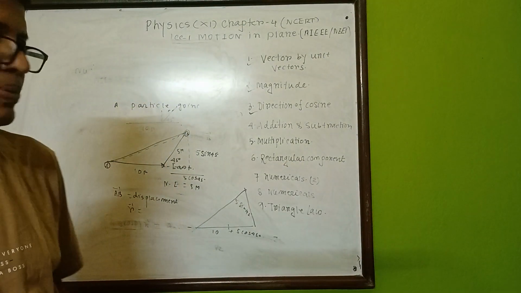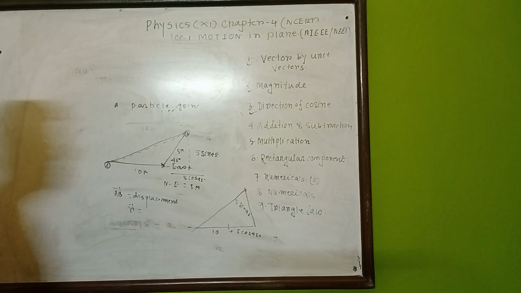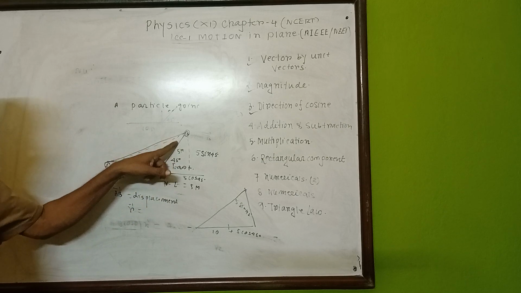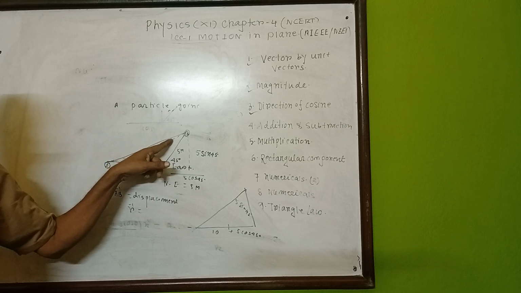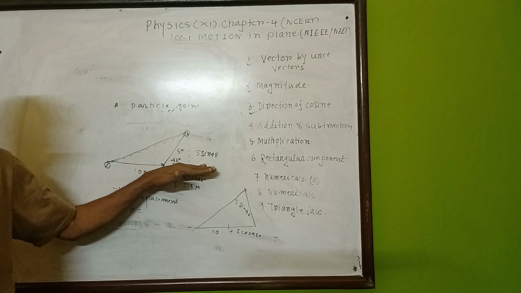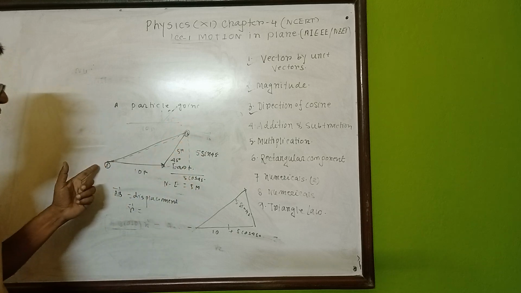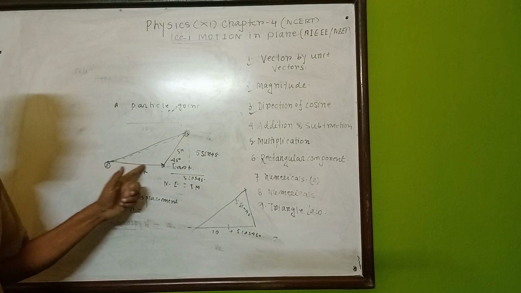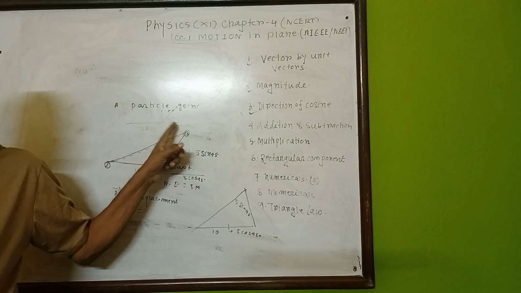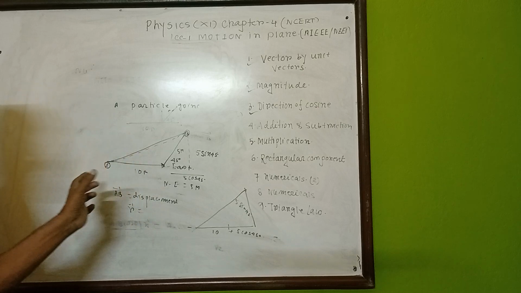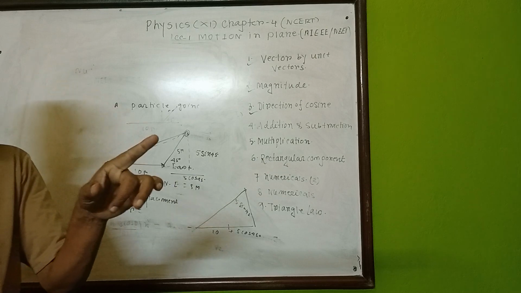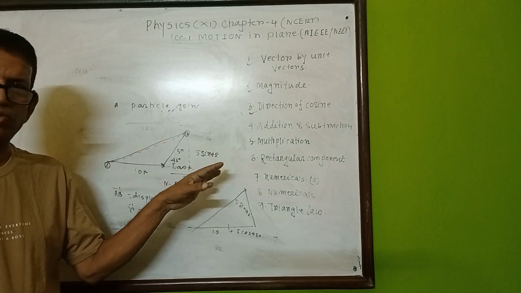What is the physics part of the problem? In that problem, only two numericals I have done. I told one particle is going 10 meter, after that northeast 5 meter. Directly you cannot find out the displacement. So what you will do, this 5 meter displacement can be resolved along the x-axis and along the y-axis. The total displacement by vector method, along the x-axis you get 10 plus 5 cos 45, and along the y-axis you get 5 sin 45 degree.